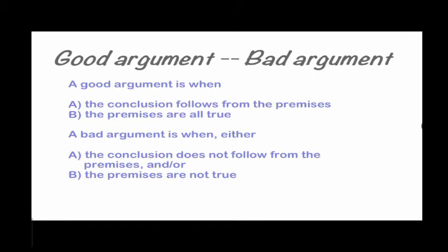You can clearly make out from the list given here that a good argument is when the conclusion follows from the premises and the premises are all true. To understand things better, we'll look at the examples a little later, but let's look at what a bad argument is. It's just the opposite, of course. The conclusion does not follow from the premises and/or the premises are not true.